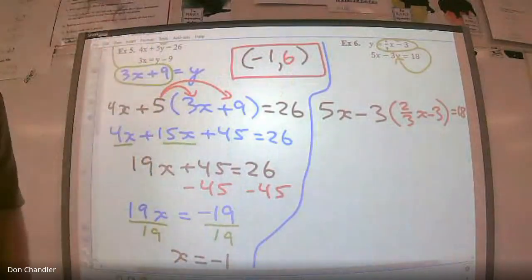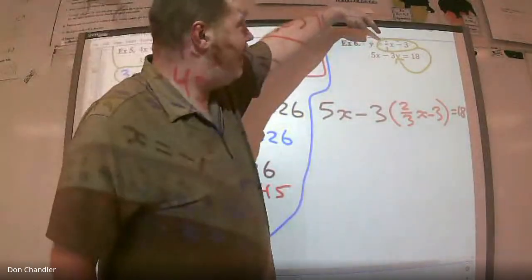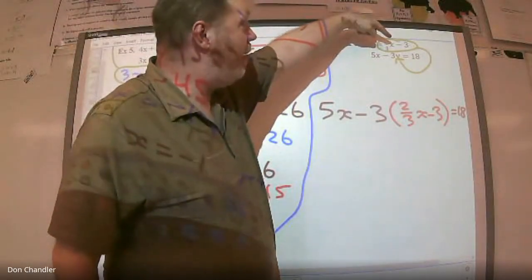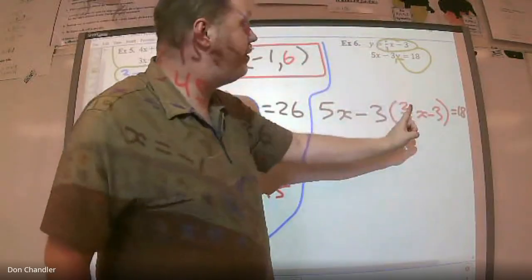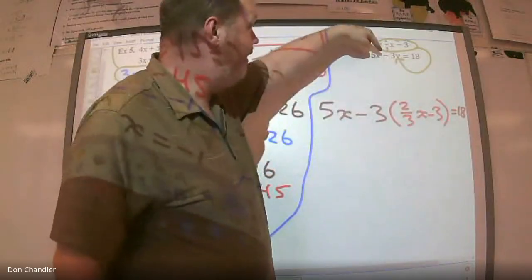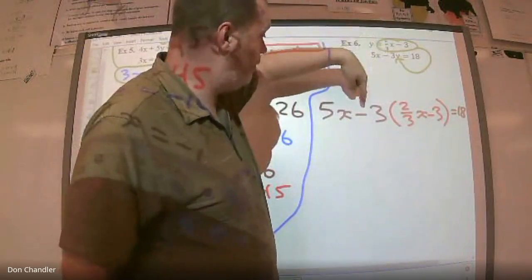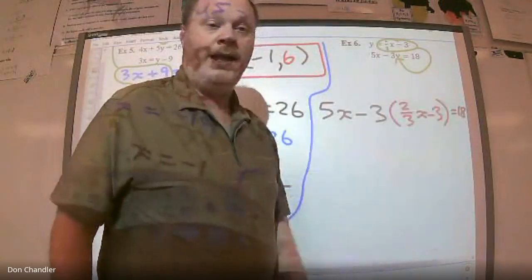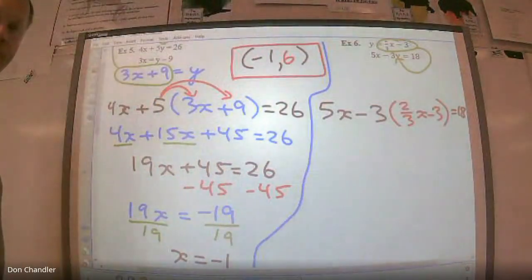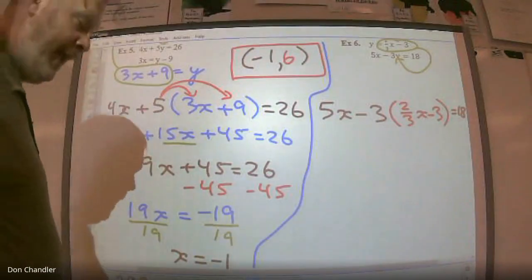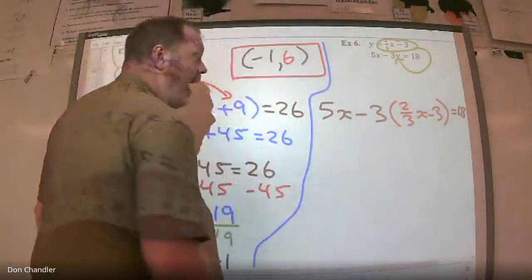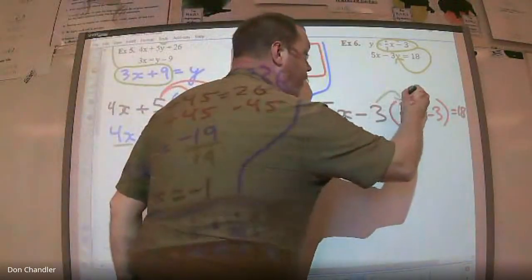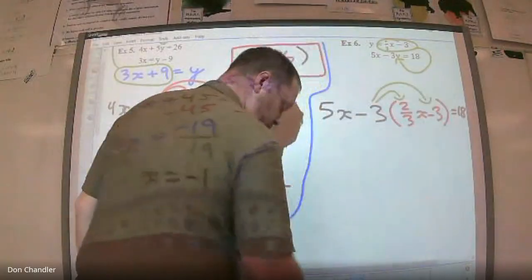Notice I took the 2/3 x minus 3, substituted it in for this y, 5x black, stay. Minus 3, what's y? 2/3 x minus 3 equals 18. Now, if you need to use a calculator, I totally respect that. I am not going to question you.